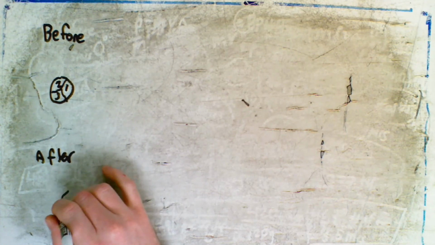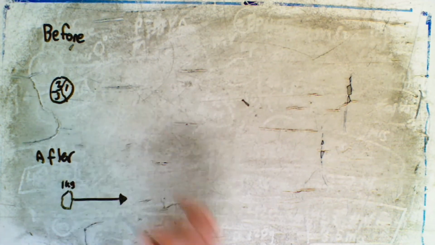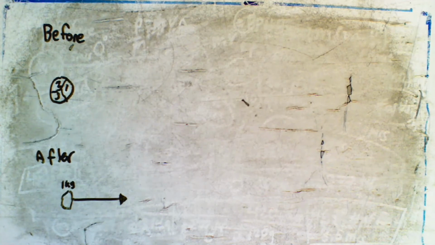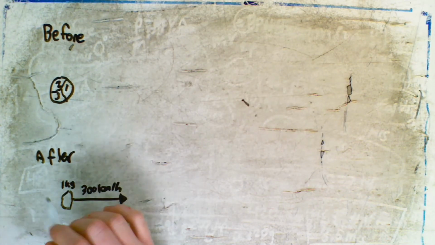So this piece here flew off directly east, and it's 1 kilogram, and it flew off at 300 kilometers per hour. Okay. The second piece is 1.5 and flew off north of west.